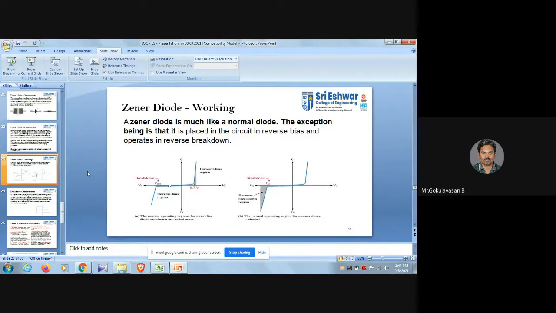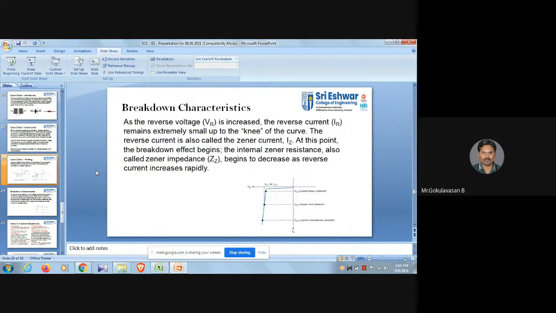Till breakdown is reached, there is no current at all. But in a Zener diode, even though breakdown is not reached, a small amount of current will be there. Once breakdown is reached, either avalanche breakdown or Zener breakdown, current will rise rapidly or sharply. That is the difference I want to state.